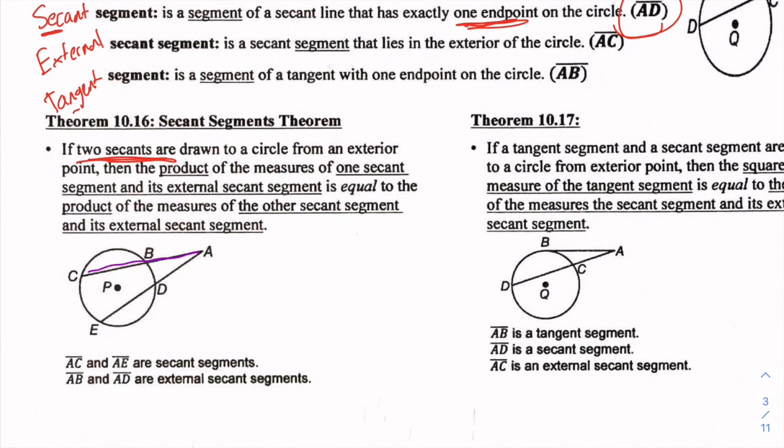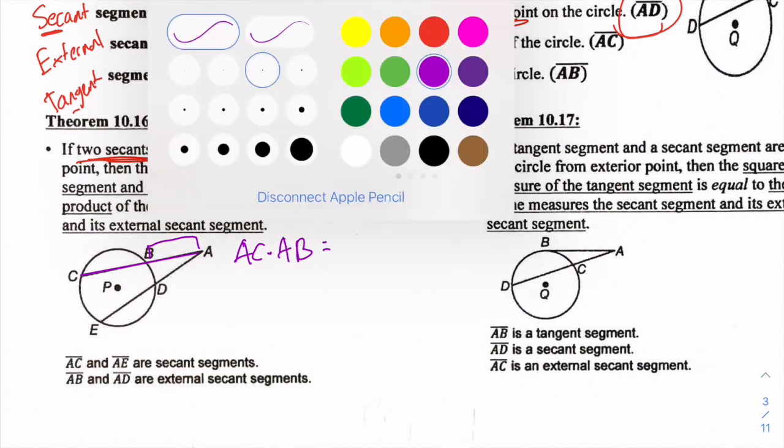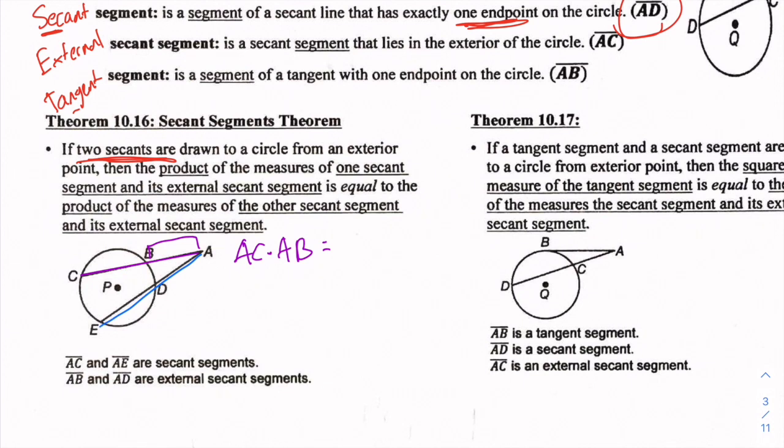let's go AC, so that secant segment times its external secant segment, so AB is the external, is equal to the product of the other secant segment, so AE, times its external, which is AD.